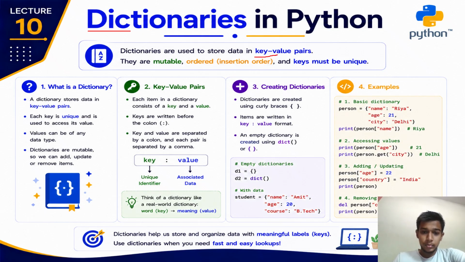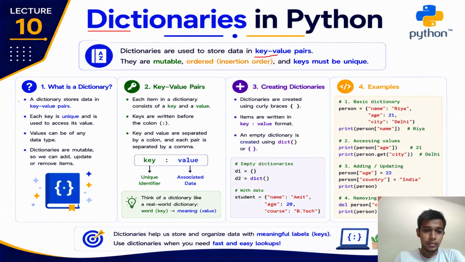According to this slide, dictionaries are mutable, ordered, and keys must be unique. Now, what is a dictionary? A dictionary stores information using key and value pairs.